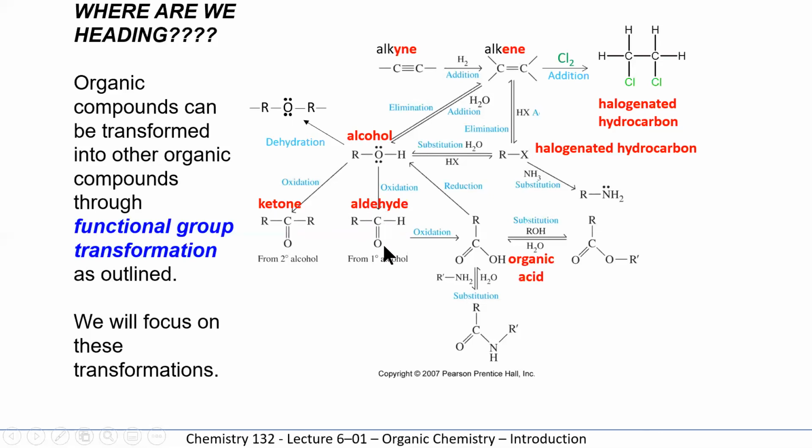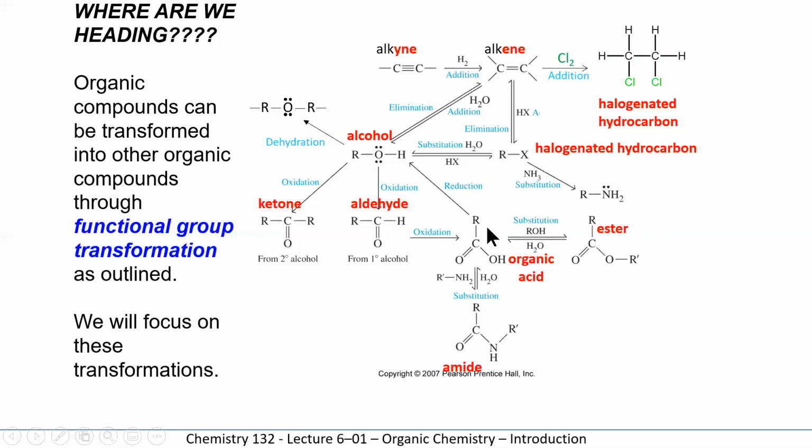Then we can take our aldehyde and oxidize it further and make an organic acid, which is a C double bond OOH. The R simply tells us that is variable. And we can then take the organic acid, combine it with an alcohol, the OH group here, and make an ester.